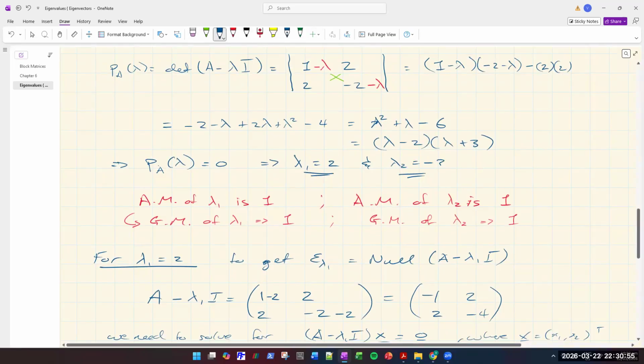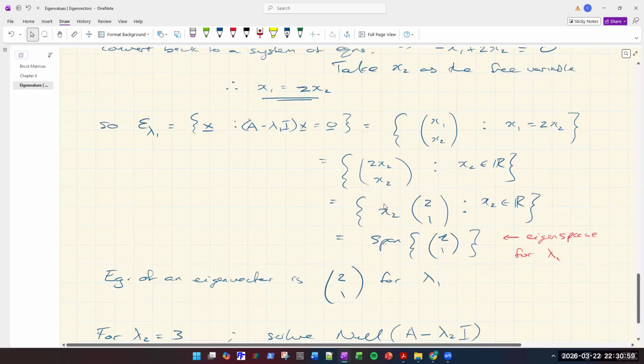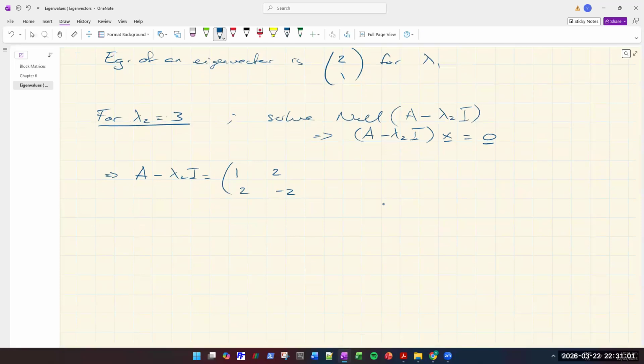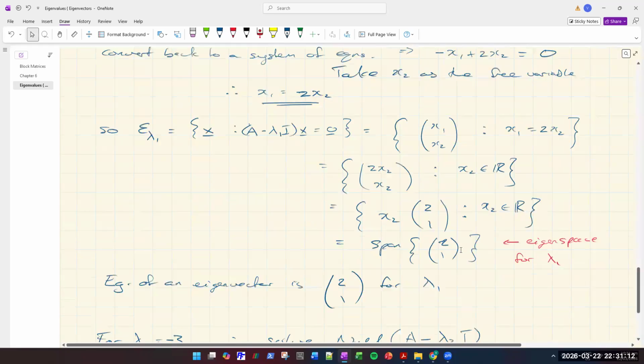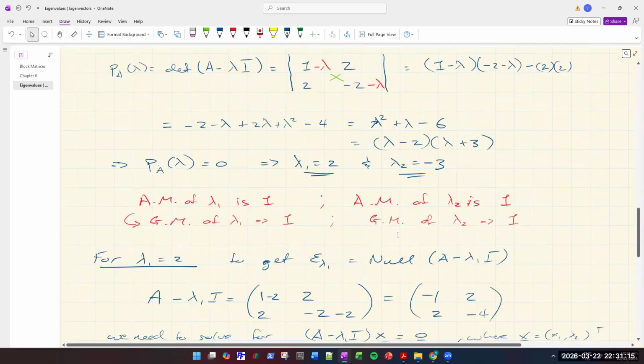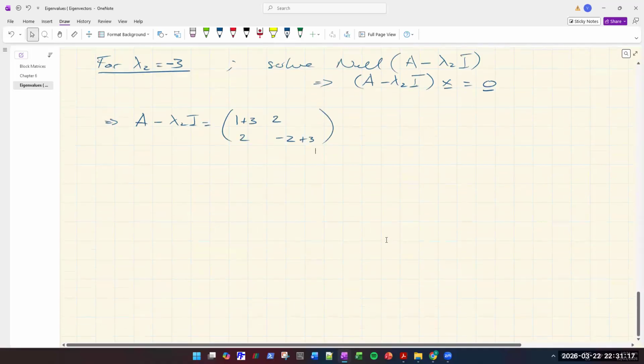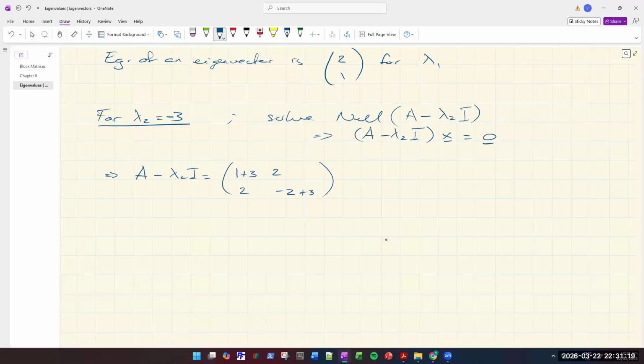Lambda 2 is minus 3, right? Minus 3. Okay. So I'm going to subtract off minus 3, which is the same as adding 3. So that is 1 plus 3 is 4, 2, 2, minus 2 plus 3 is 1.